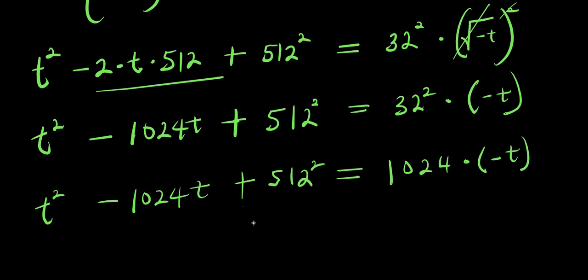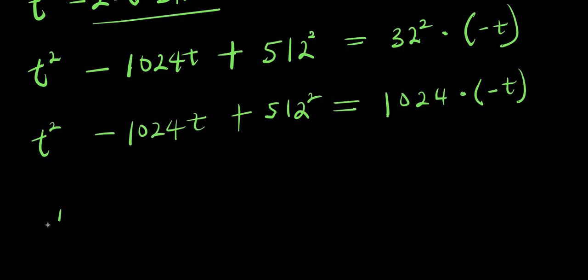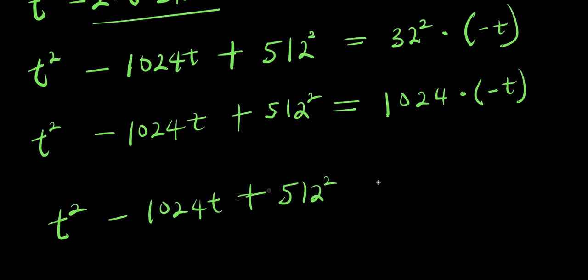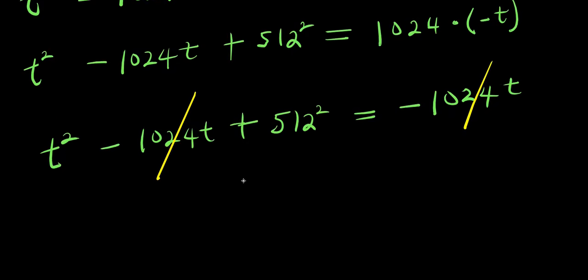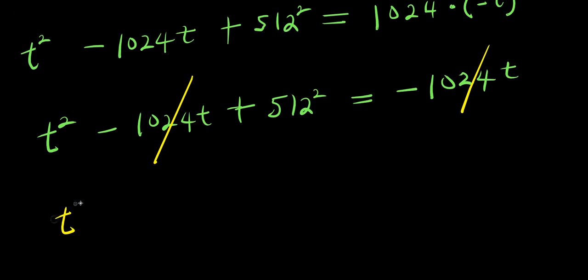So from here, t squared minus 1024t plus (5/2) squared equals, this will be minus 1024t. So minus 1024t and minus 1024t will cancel out. That means what we have here is simply t squared plus (5/2) squared equals, this is out because this becomes 0.